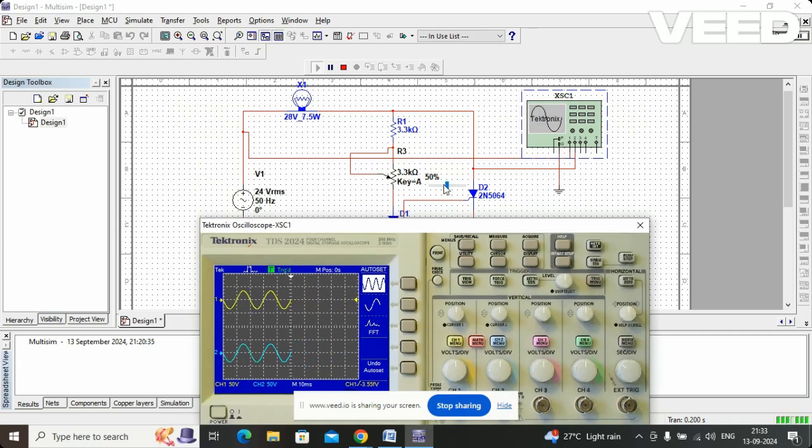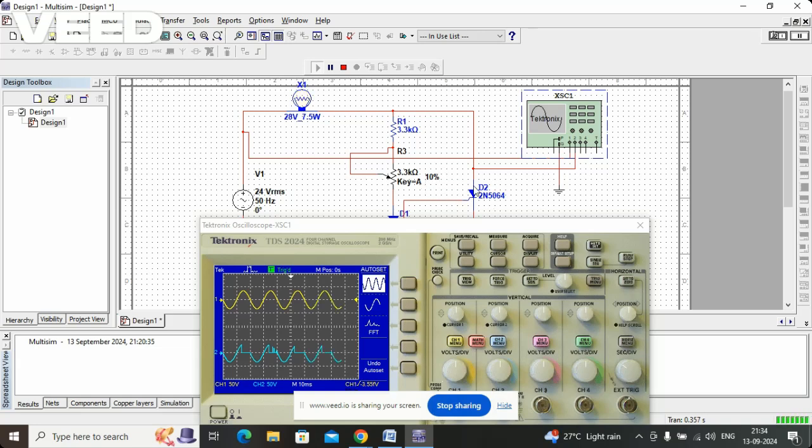Here you can see there's a change in the output voltage, and you can see over here the light is also changing. So here you can see that the bulb is glowing with the change in the variac.